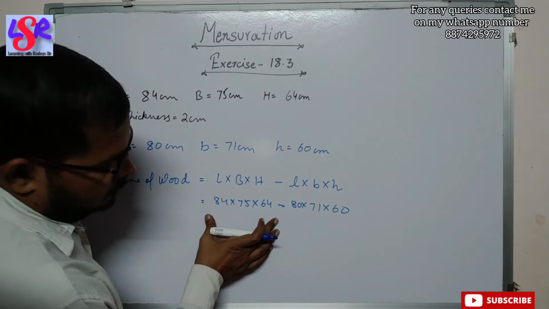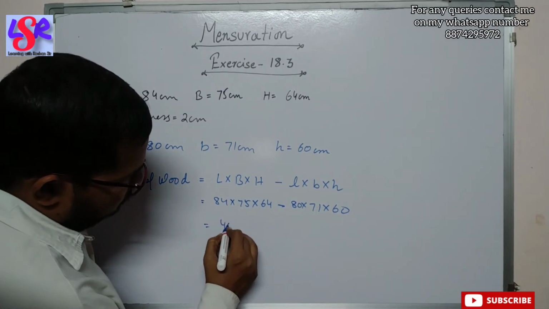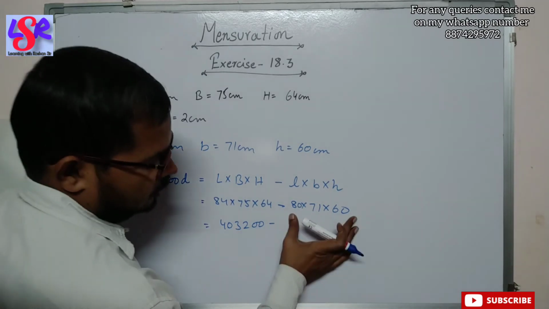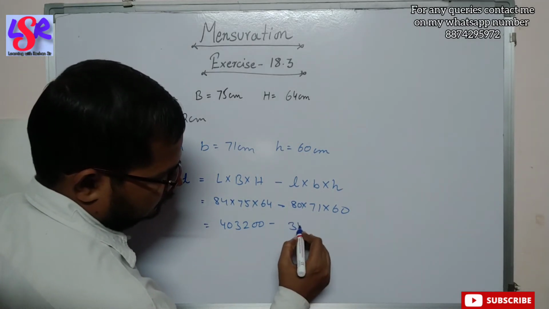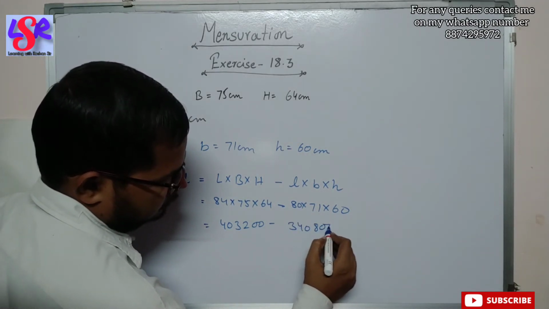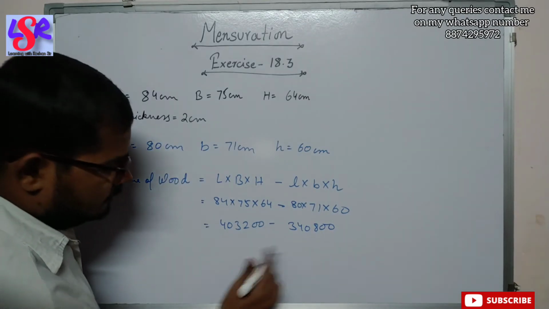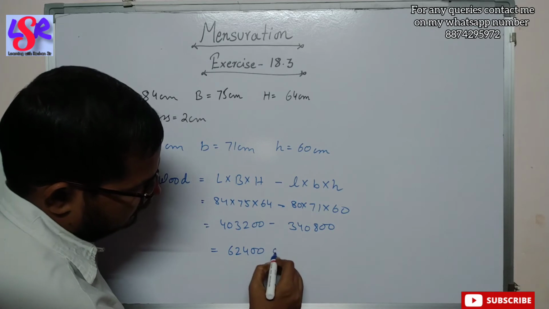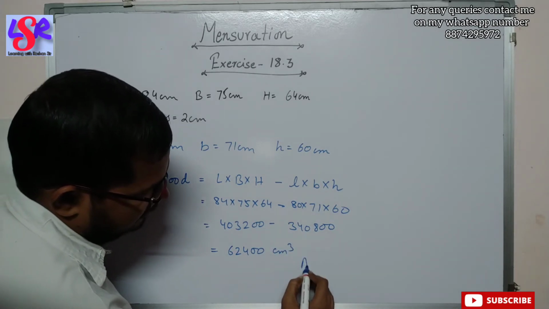The product of the first is 403200, minus the product of the second, 340800, and the difference of all of this is 62400 centimeter cube as the answer.